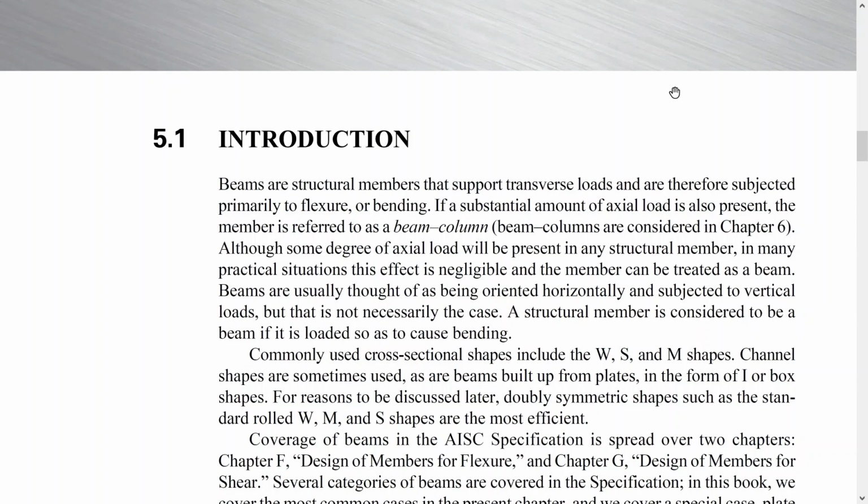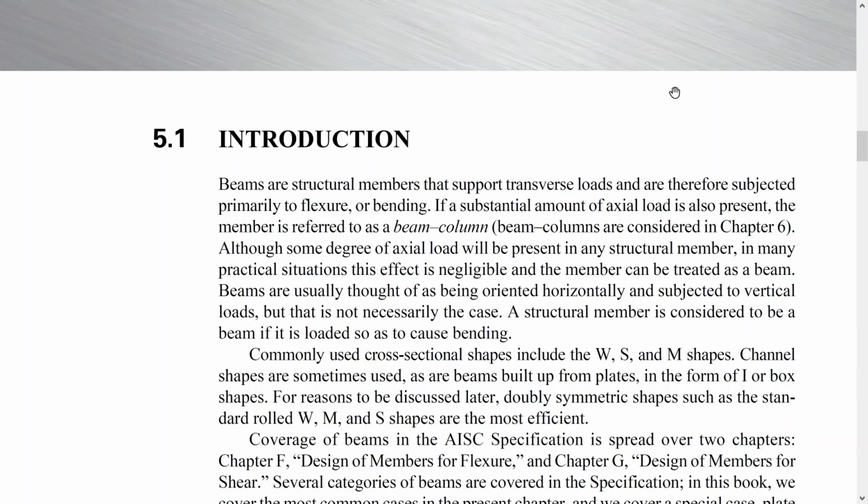The most commonly used cross-sectional shapes for beams are wide flange, and we also have S shapes or M shapes, and we might have channel shapes or American standard channels.